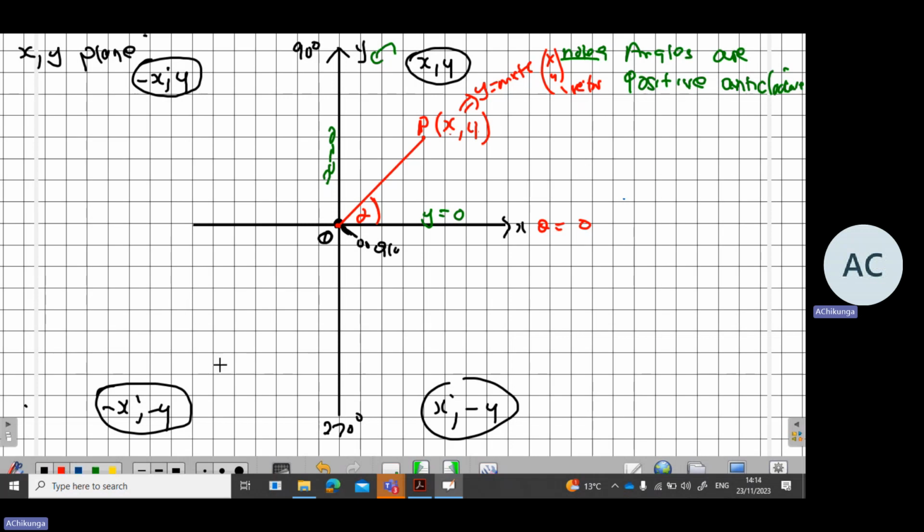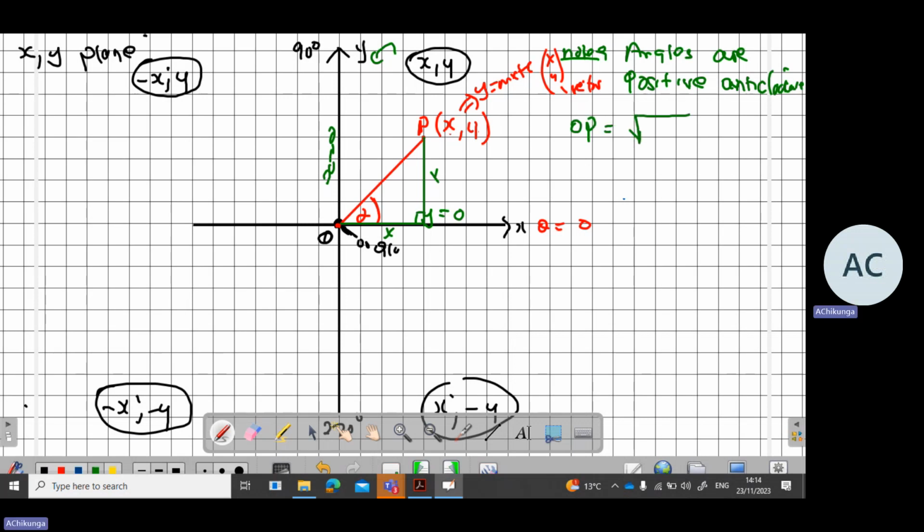If I complete this straight line, I would discover that we have moved X units to the right and Y units up, creating a right-angled triangle. OP is a scalar quantity, the length from this point to this point, going X in the right direction and Y in the up direction. To calculate OP, we use the Pythagoras theorem.